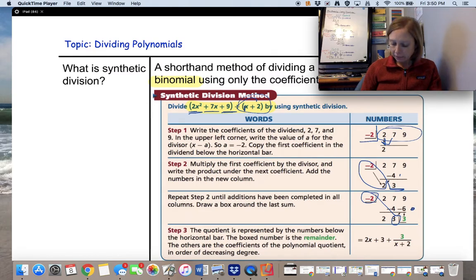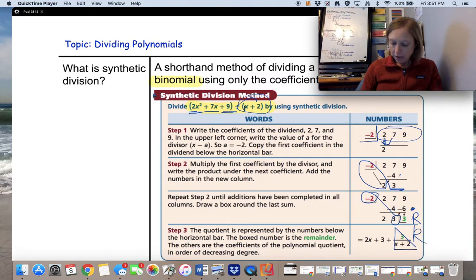Add 9 and negative 6, and we get an answer of 3. The very last number you get is going to be your remainder. So if you get a 0 there, the remainder is 0. And then the other numbers that you get are coefficients of your quotient. So this is our remainder right here.